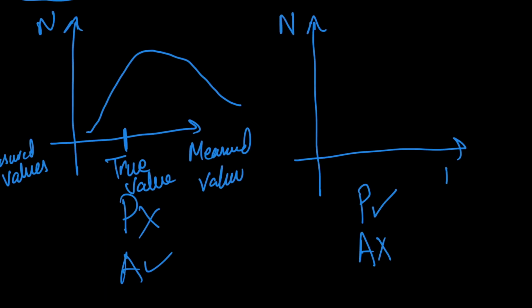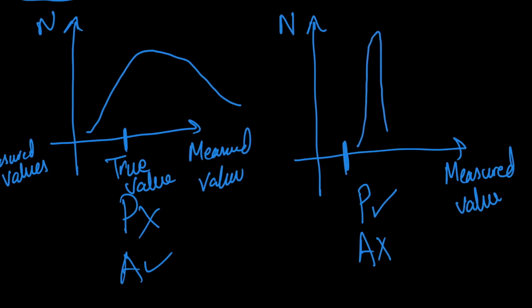I hope that you have made this n versus measured value graph like this, that the true value is somewhere here and you have a lot of precision, which means the spread is very, very small, but the true value is not coming inside your curve. So that means it's precise, but it's not accurate. Now, don't get bogged up about the height of the curve. That's fine. अगर आपने height छोटी बनाई है, as long as the spread is small, we are very happy.